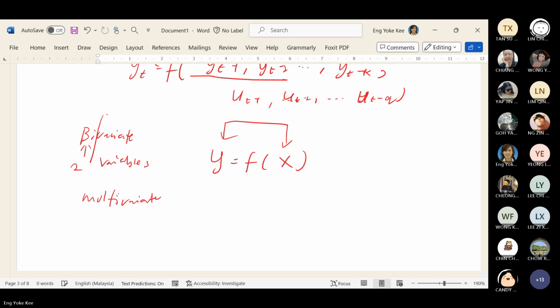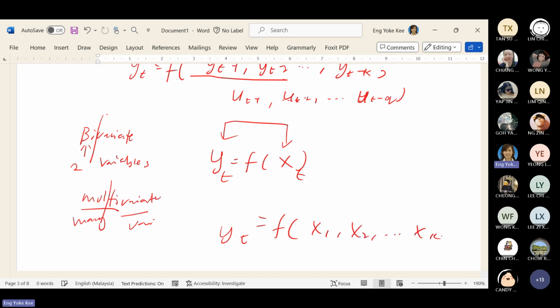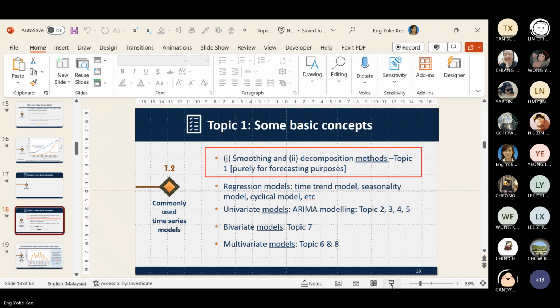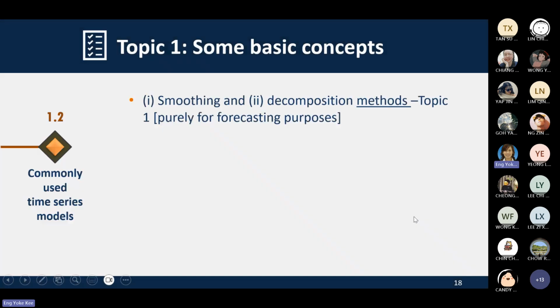Okay, multivariate. Simple lor. Multi means many lah. Variables. So you can have y is a function of x1, x2, xk, for example, multivariate. These are commonly used models in doing time series data.